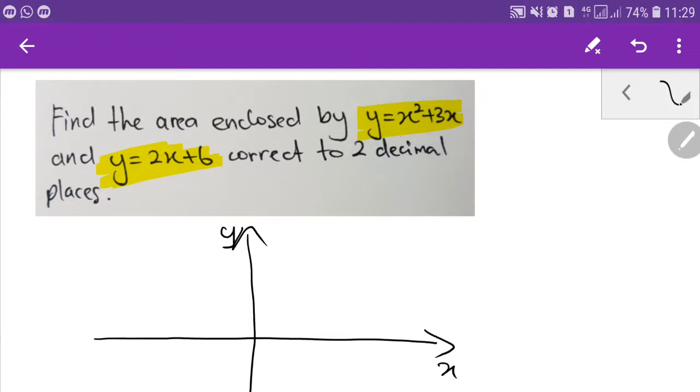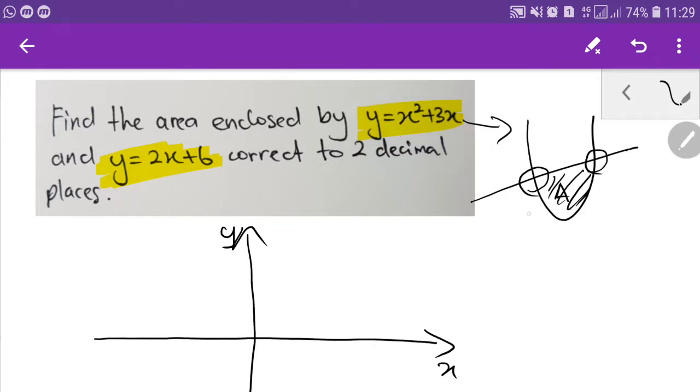So in order to find the points of intersection of both curves, we have to make them equal to each other. This curve is something like this and this curve is something like this, so the area enclosed is somewhere here. So we have to find these two points.